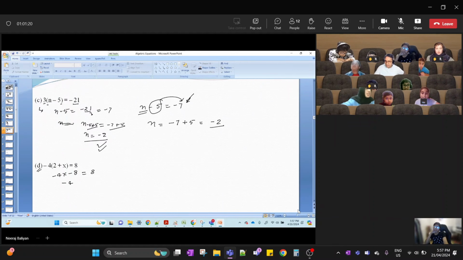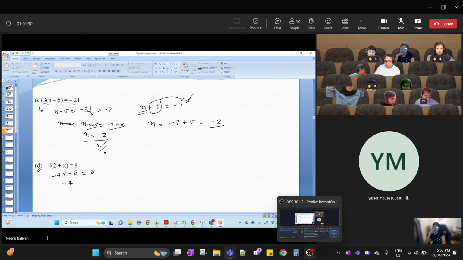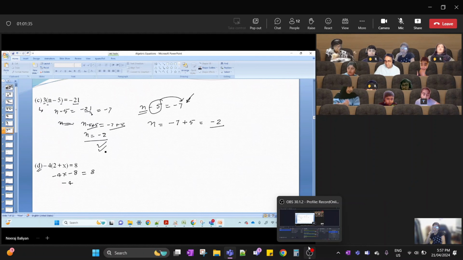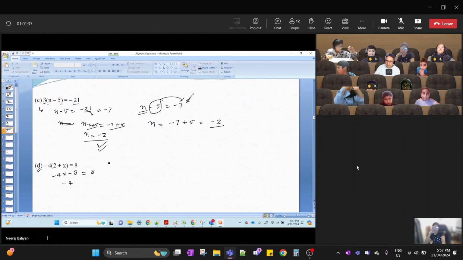Divide by 4. Minus 4 divided by, 8 divided by minus 4. And that's equal to minus 2. So 2 plus x is equal to minus 2. So then x should be equal to minus 4. Probably your answer is right.